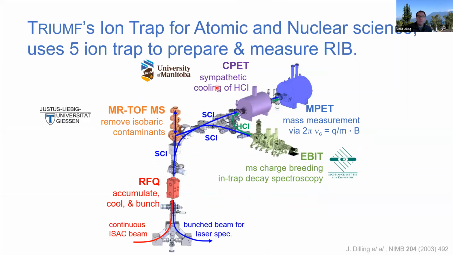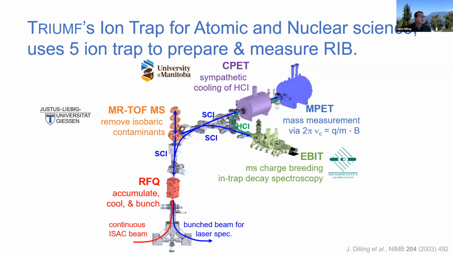So this is a fairly complex device, and it's making use of a number of those traps that I introduced earlier in combination with each other. From the left, the continuous ISAC beam of radioactive species is delivered to the first unit here, which is called a radio frequency quadrupole.